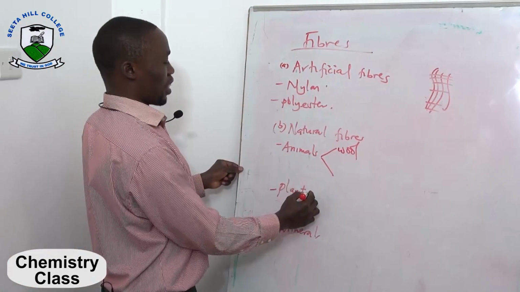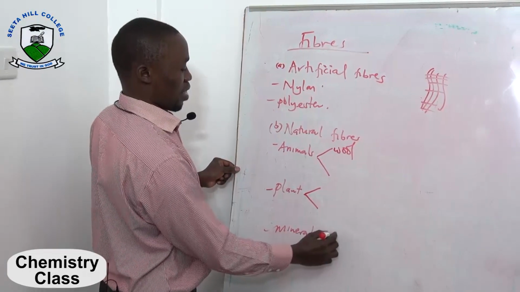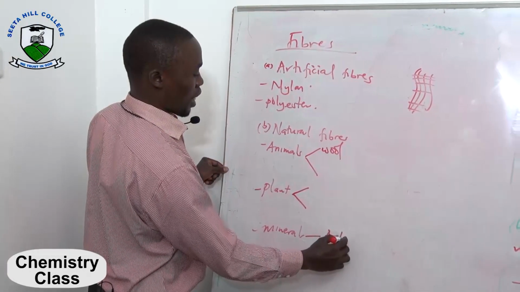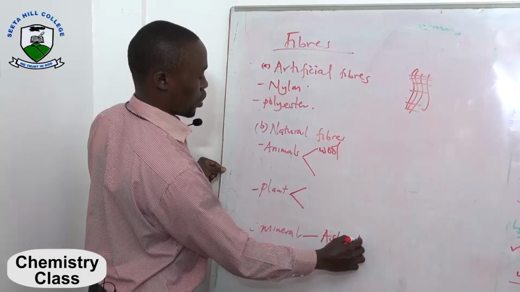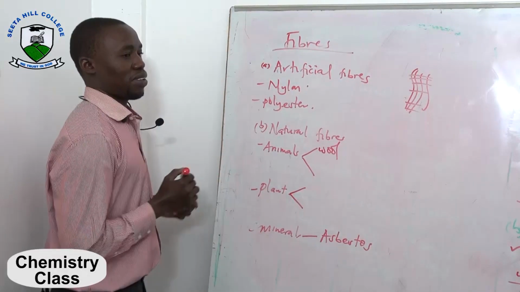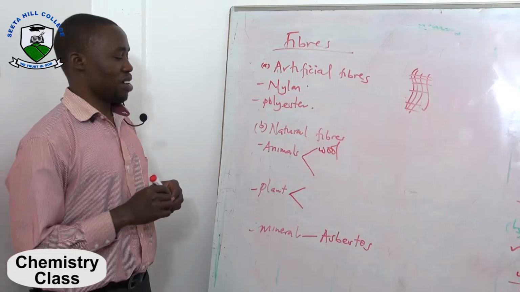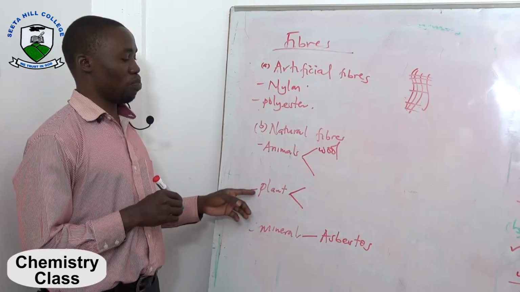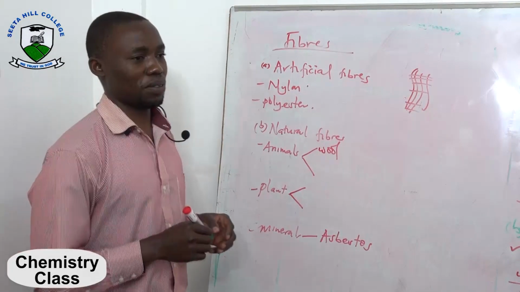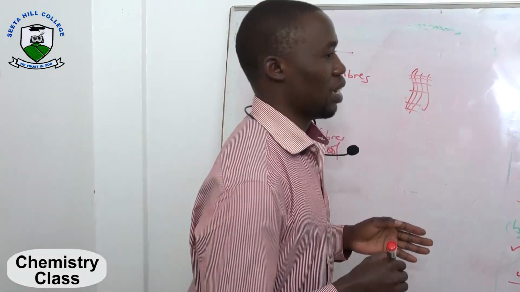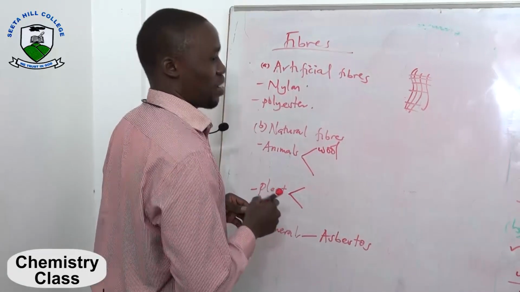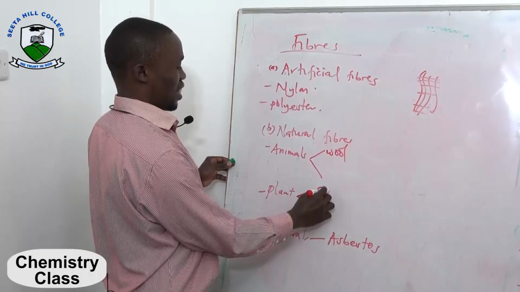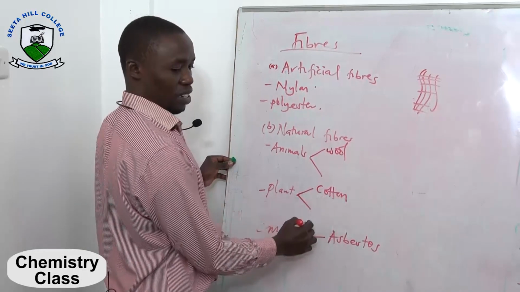As we think about also this, I've put for you this asbestos. What do plants give us? What do animals give us? Plants give us cotton.